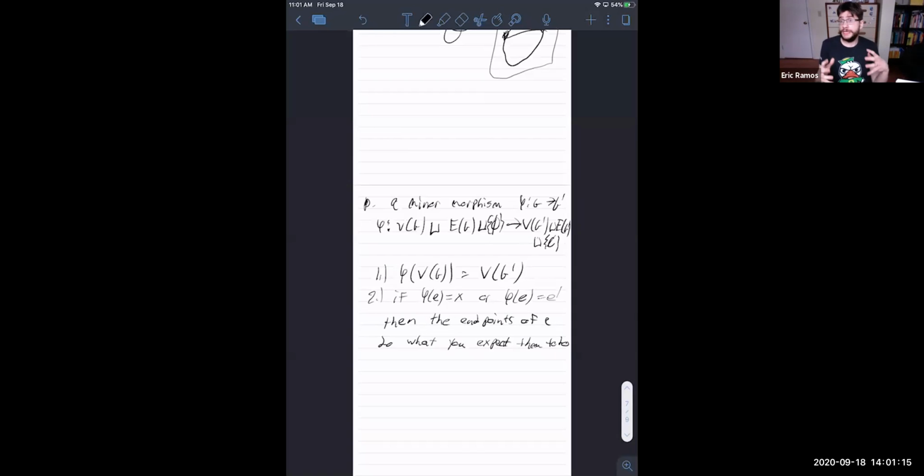What I mean here is if an edge is being contracted, then you expect the endpoints to map to that common vertex. And if an edge is just mapping to an edge, you expect adjacency to be preserved, right? So the vertices here should map to the vertices here.